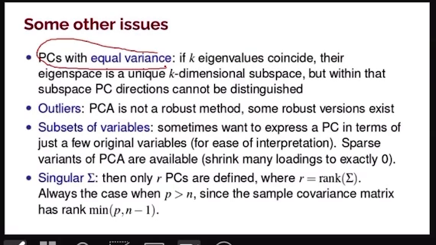Now, subset of variables, then singular. The most important thing is this: singular variance covariance. When the determinant of a variance covariance matrix is 0, that is a mathematical issue.